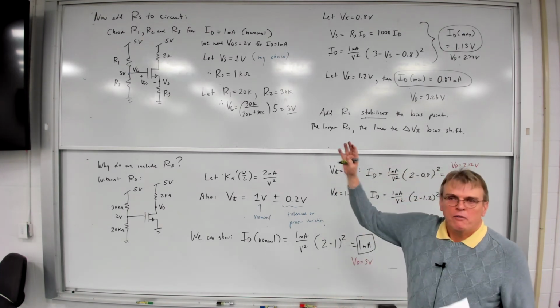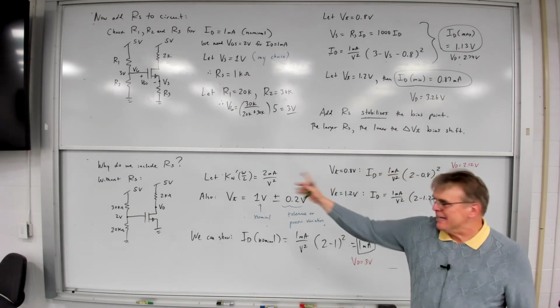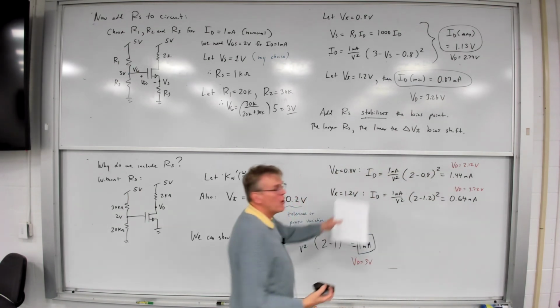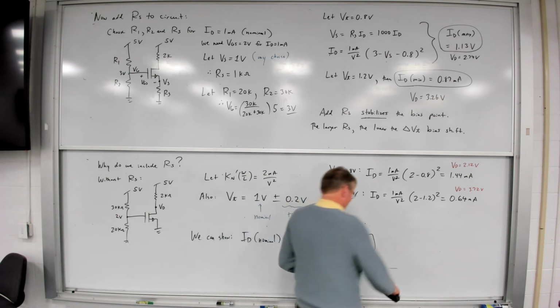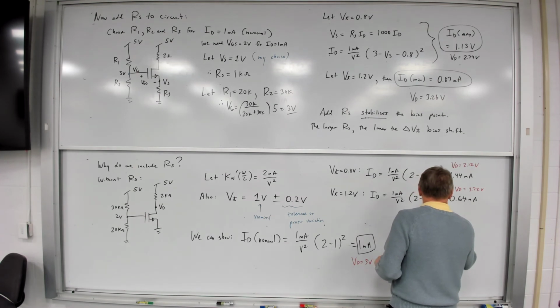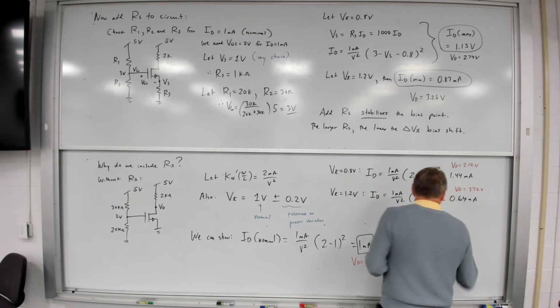Now, the drawback is we've already seen. Adding RS reduces the gain. So what is the solution?